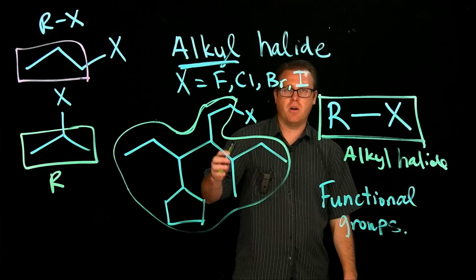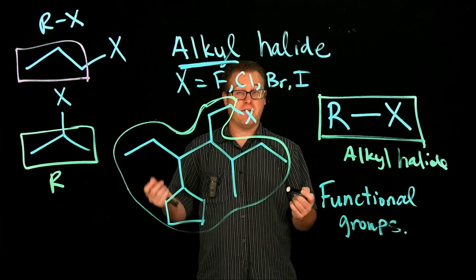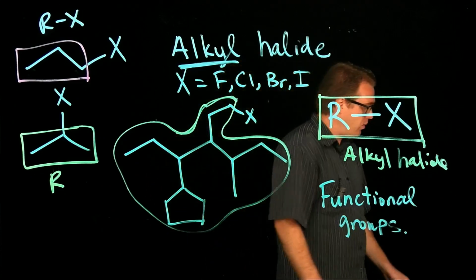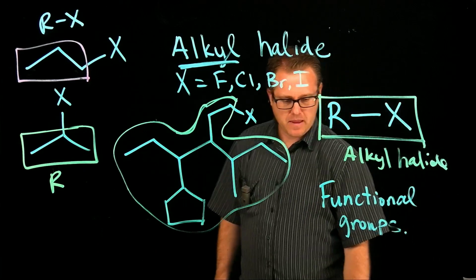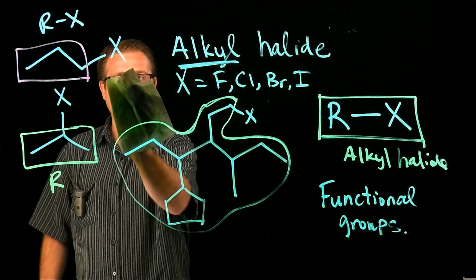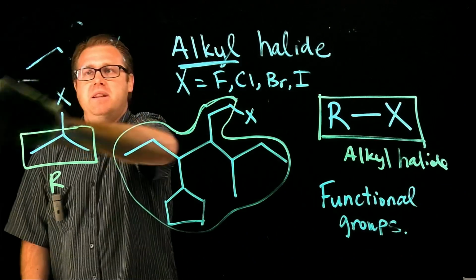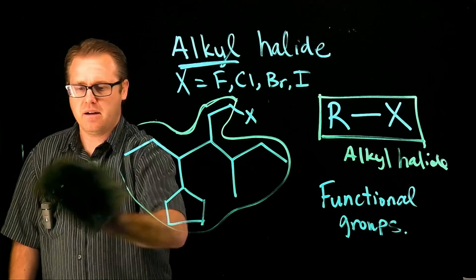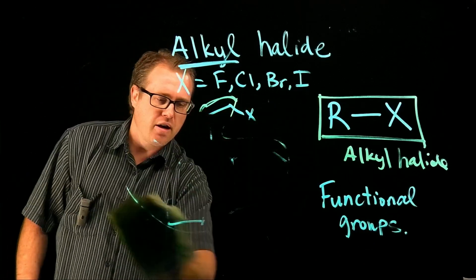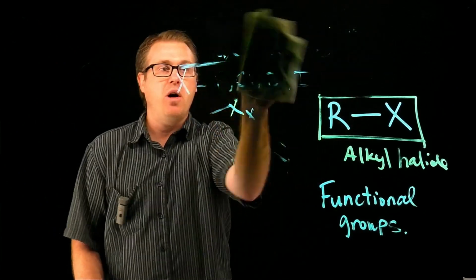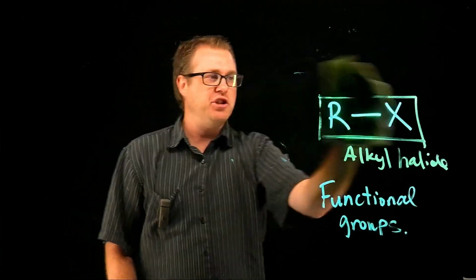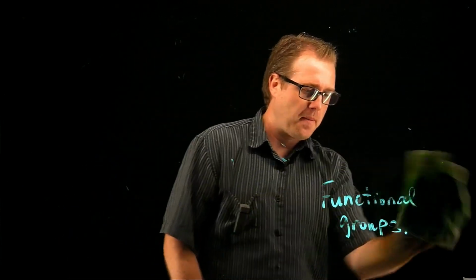So we are going to go through a list of the different types of functional groups that you need to be aware of and be able to identify when you see them. So I'm going to just show you a couple more, and then we will conclude this lesson here. But there are tables in your textbook that show you all the different functional groups that you need to be aware of. Okay? So let's do a couple more to wrap this up.